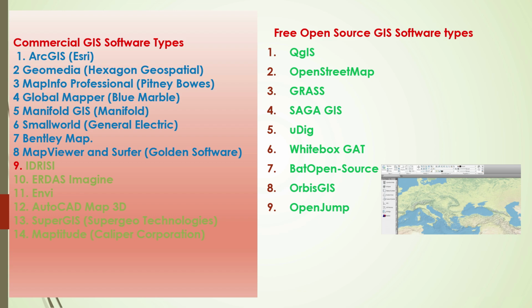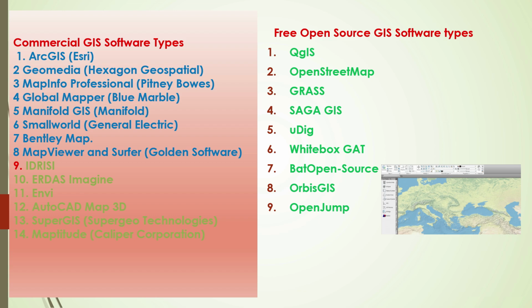And then we have the following ones that are mainly raster-based. We have Idrisi, we have ERDAS Imagine, we have ENVI, we have AutoCAD Map, we have SuperGIS, we have Maptitude. All these are the commercially available software, or the software you need to procure a license for. You have to buy a license before you can have access to the use of the software.